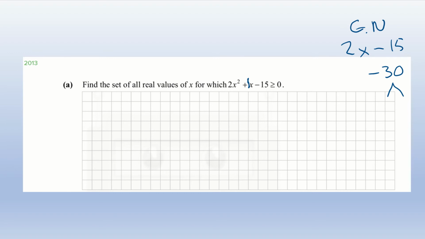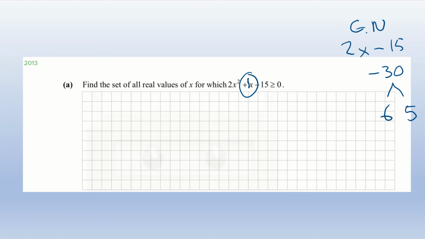Now, I could write out all my factors of minus 30, but I'd be here all day. The more practice you get at this, you will see that 6 and 5 are the numbers I'm going to use. So now we just have to be worried about our signs. That right there is a plus 1.